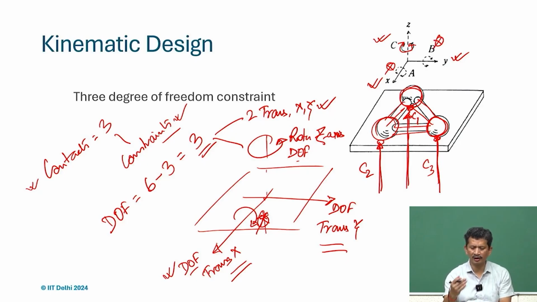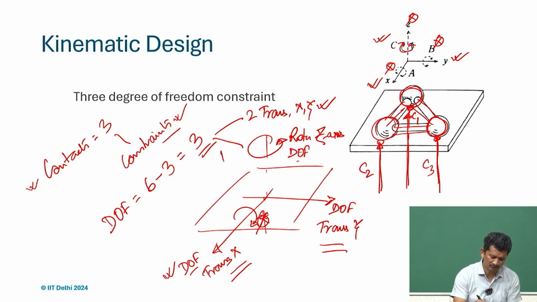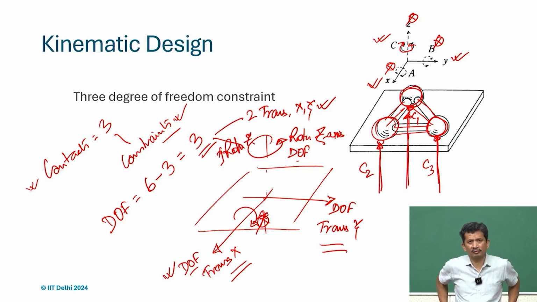So, rotation x, rotation y not possible, and translation z also not possible. So, what exactly we are getting is one rotation. So, these are the 3 degrees of freedom and 3 constraints we have, a planar constraint we have established.